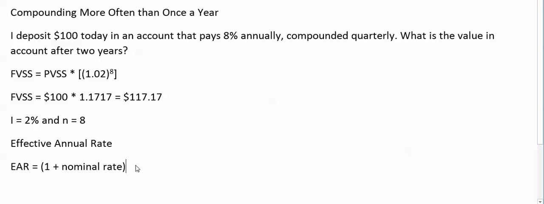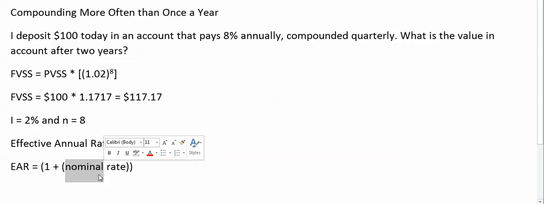and then you take this nominal rate. The nominal rate is also what they call the stated rate, and I actually like calling it stated rate better. But on financial calculators, they're going to call it the nominal rate.